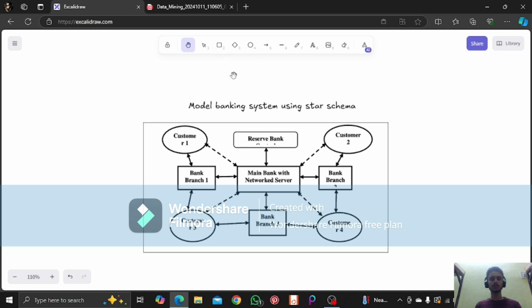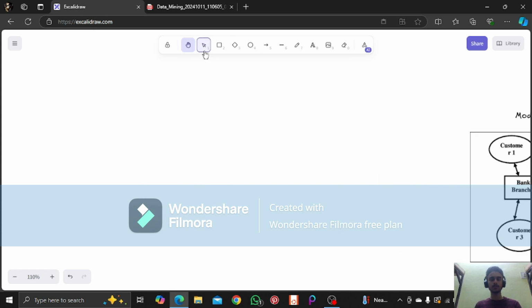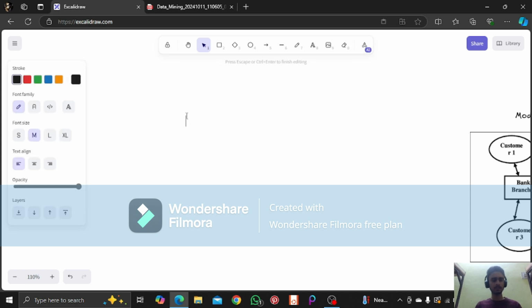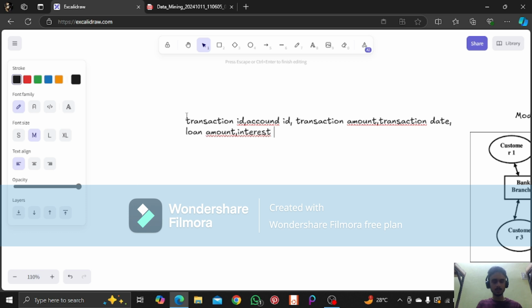Wait, let me just write it for you. So examples of these fields are: first is the transaction ID, then account ID, transaction amount, transaction date, then loan amount, then after loan amount, interest rate, fee charged.